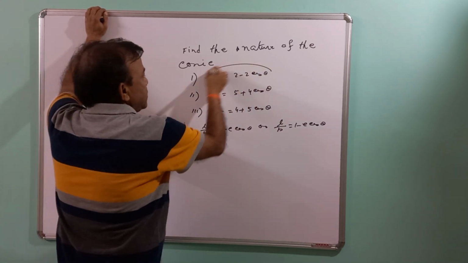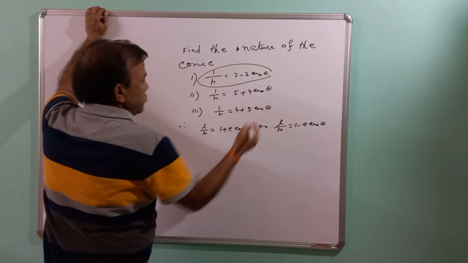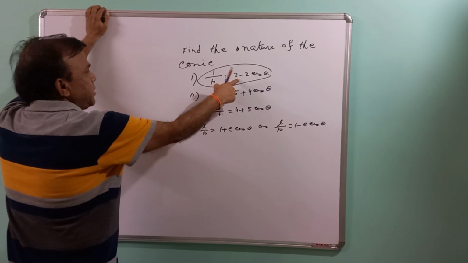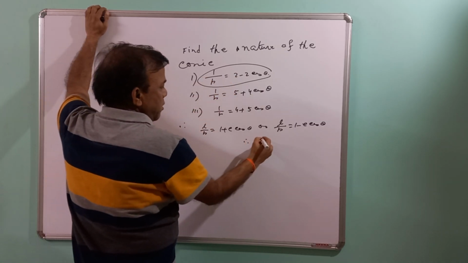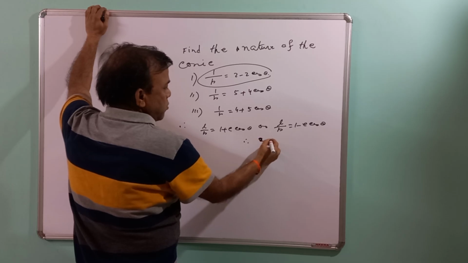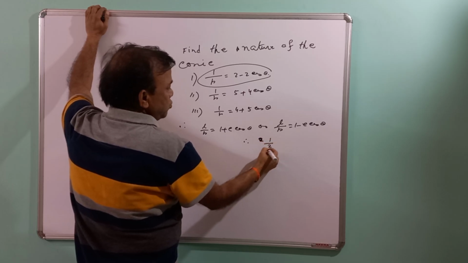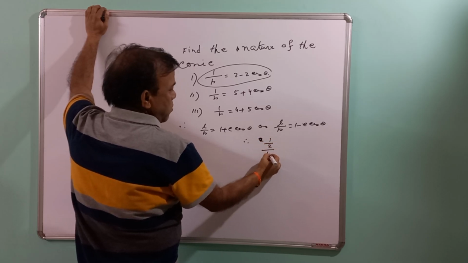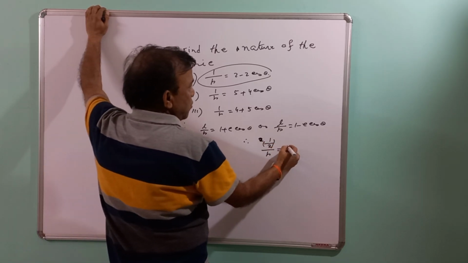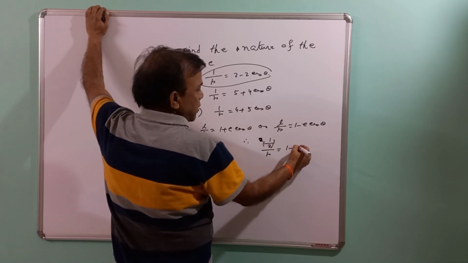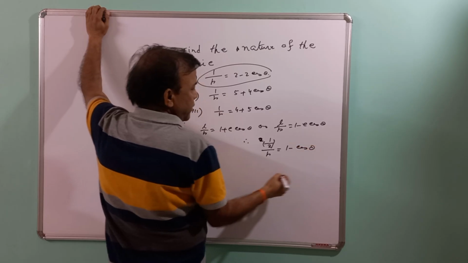Comparing the equation, this one with this one, after dividing by 2 we get 1 by 2 by r equals 1 minus cos theta.